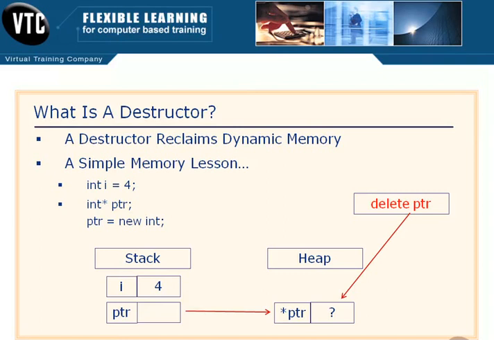But the bottom line is, if you're using that new keyword to bring your objects into existence, you're placing them on the heap, and when you're through with those objects, you need to call delete to take those objects off the heap and clear their memory out and make it available for something else.